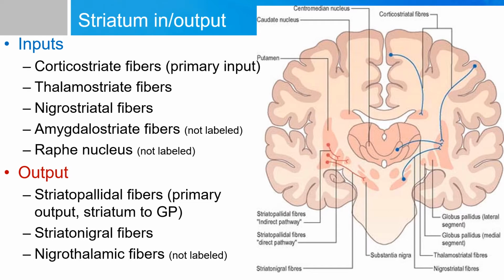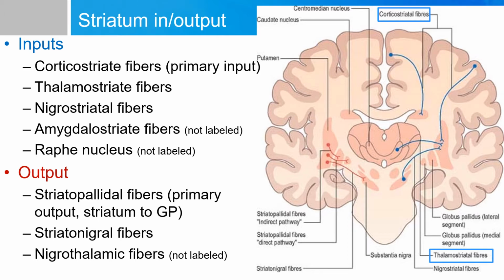More particularly, the primary input is the corticostriate fibers, conducting information from the cortex to the striatum. There is also communication from the thalamus to the striatum, as we covered in the thalamus videos. The centromedian nucleus goes to the putamen, and the parafascicular nucleus goes to the caudate. Overall, the fibers are carried by the thalamostriate fibers, listed here.